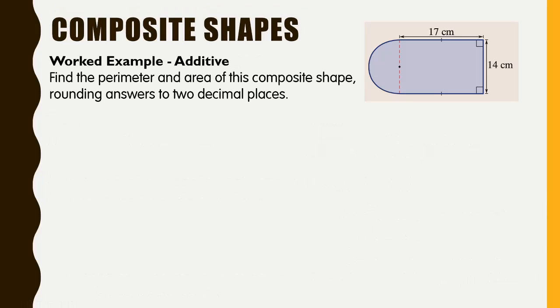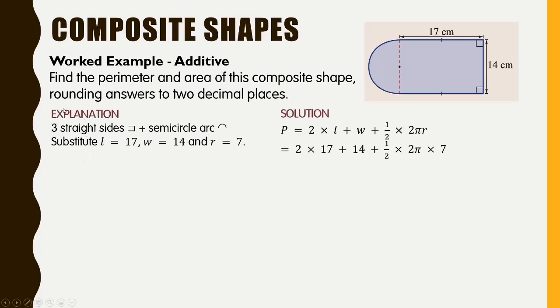Here we have another shape, and this time we're asked for both the perimeter and the area of this composite shape. Starting off, I'm going to do my explanations and solutions. We look at this, we've got 3 sides and a curved side.